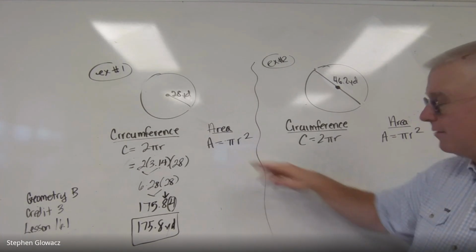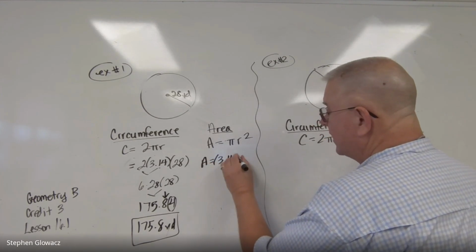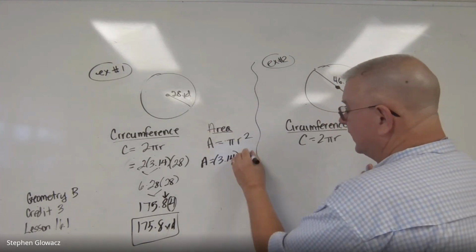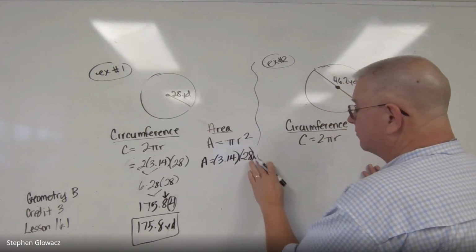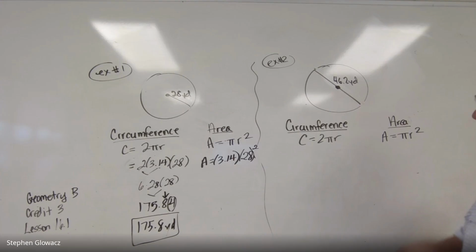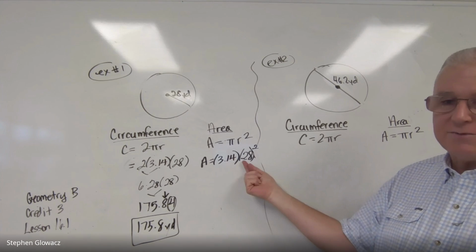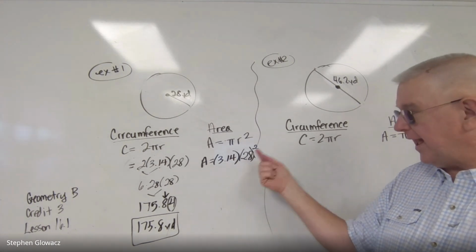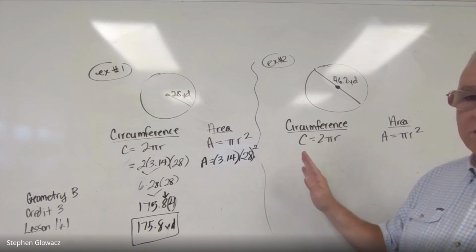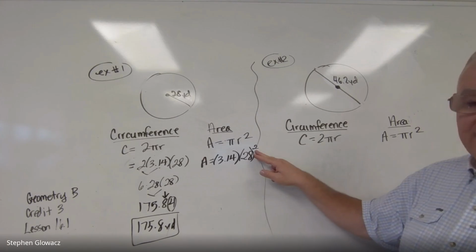All right, next is area. So once again, we're going to substitute 3.14 in for pi. The radius is 28, so we have 28 squared. Now, there are 2 things going on here: multiplication, remember parentheses next to each other indicates multiplication, and the exponent. Order of operations tells us to do the exponent first.